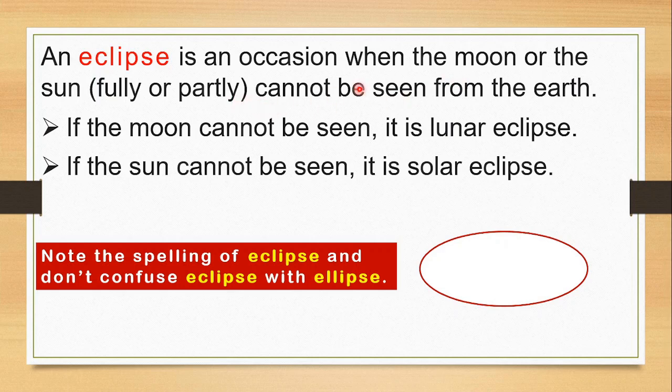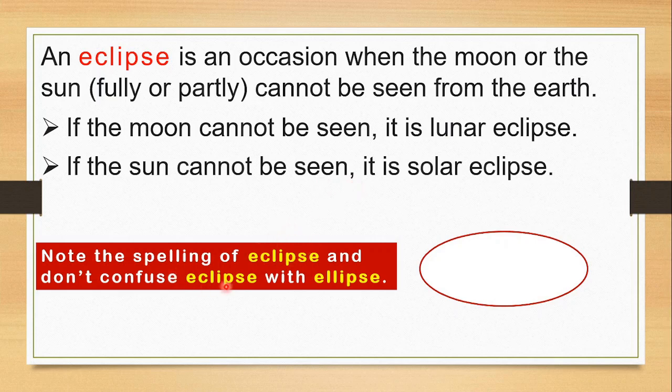So either the moon or the sun is fully or partly hidden from sight when viewed from the earth. If you cannot see the moon, either the full moon or part of the moon, it's a lunar eclipse. And if you cannot see the sun, either the full sun or a part of the sun, it is a solar eclipse.